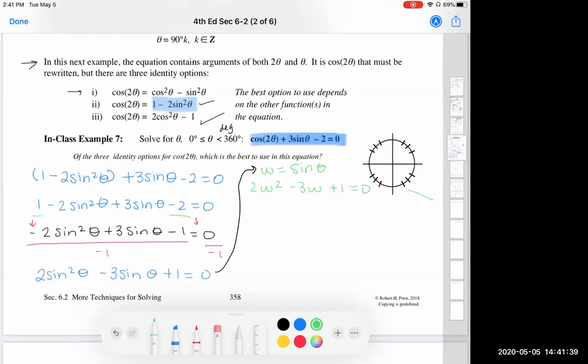Okay. So what factors of 2 add up to -3? -2 and -1. Let's replace that middle term with -2W and -1W. So I have 2W squared minus 2W minus W plus 1 is equal to 0.